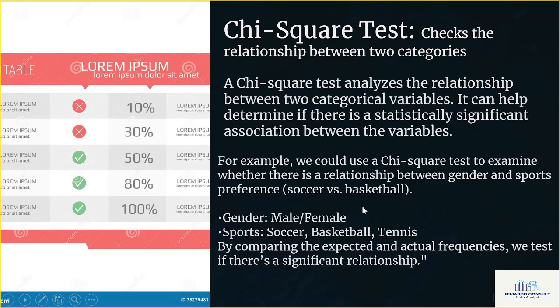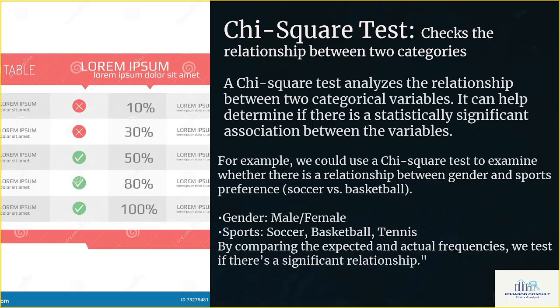So the next one is the chi-square test, which is the non-parametric test that we have been expecting. Chi-square wants to help us check the relationship between two categories. That's what chi-square wants to do. In this situation, you want to know, for example, if gender influences sport preferences.